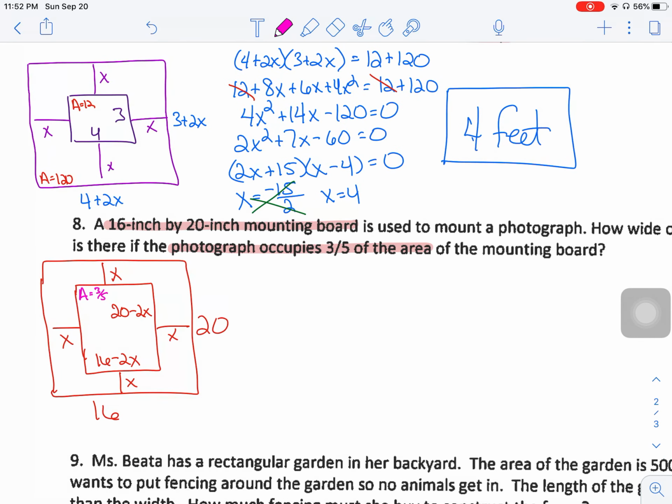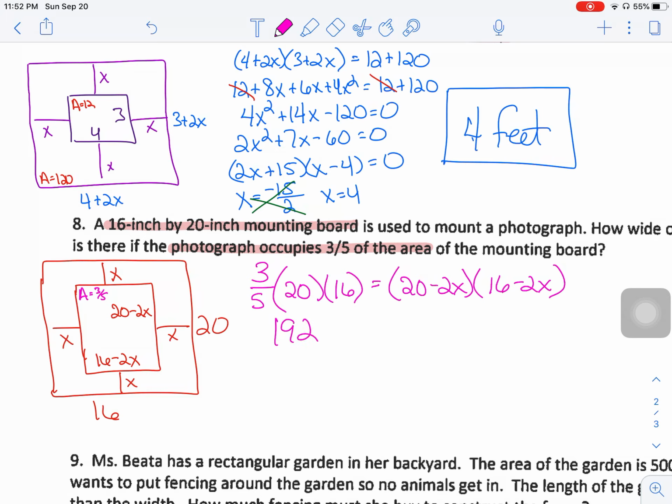If we take 3/5 of the whole mounting board, well, the whole mounting board is 20 times 16. That would equal the little rectangle. So the area of the little rectangle is (20 minus 2x)(16 minus 2x). All right, so 3/5 of 20 times 16 is a nice even 192.